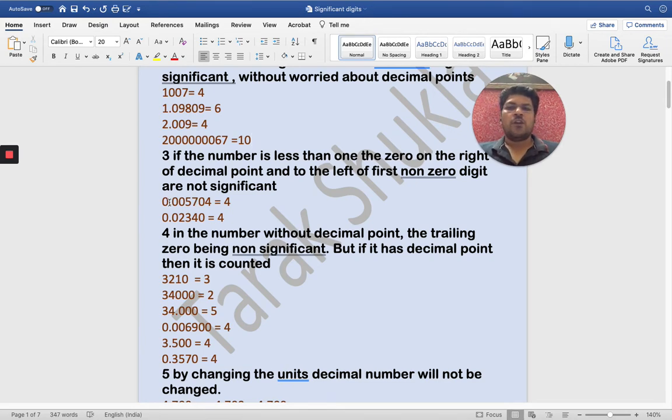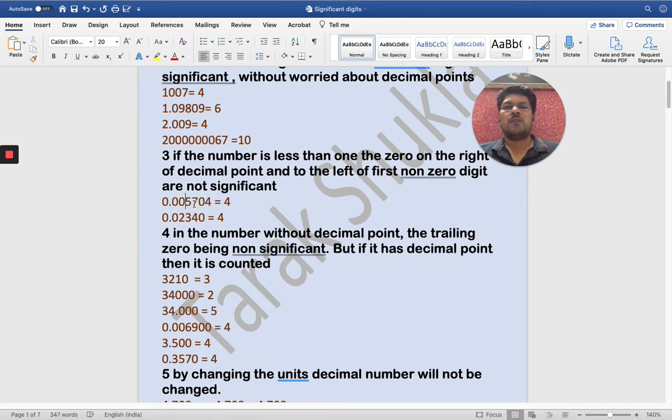But if you have a fraction and the later zeros are there, they are considered part of our significant digits. So you can see that we have 0.0005704. These three zeros at the start are not part of our significance journey, but the zero over there, it is 5704.